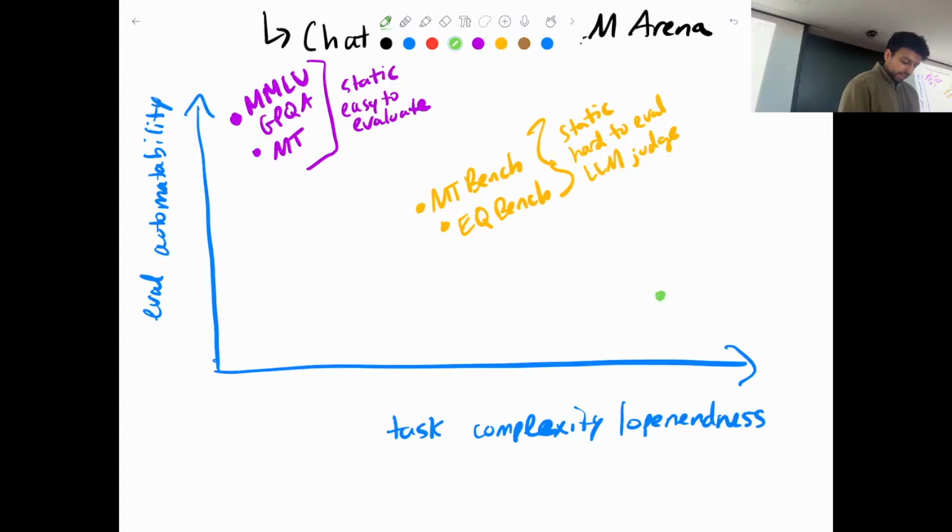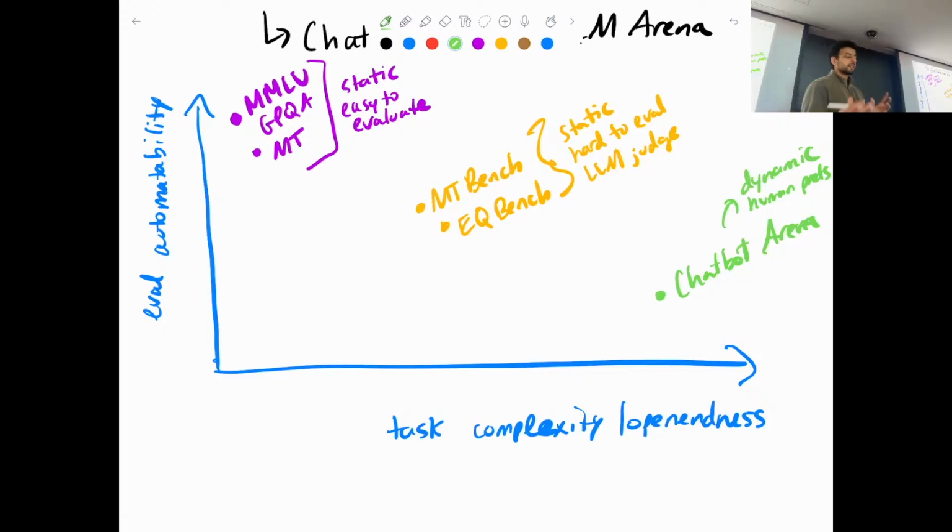And then down here, we can put the Chatbot Arena. It's a dynamic eval. And you're not even evaluating automatically, but with human preferences. So this is kind of a real-time evaluation of LLMs based on human preferences, not automatic evaluation.